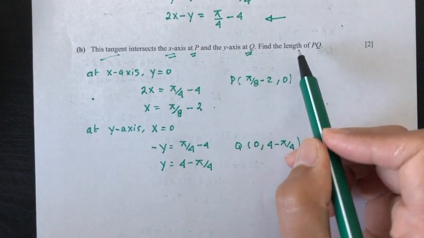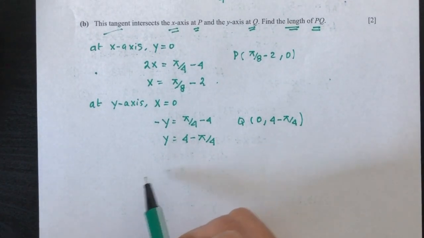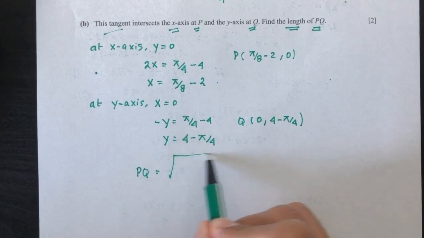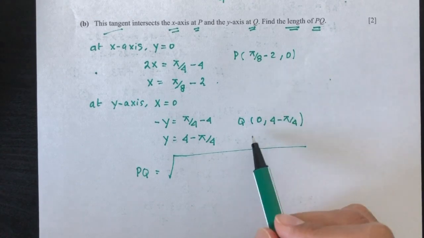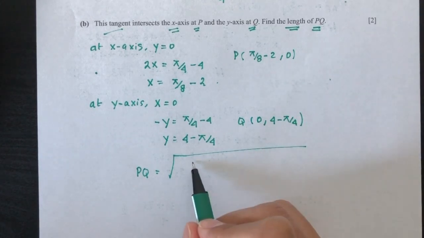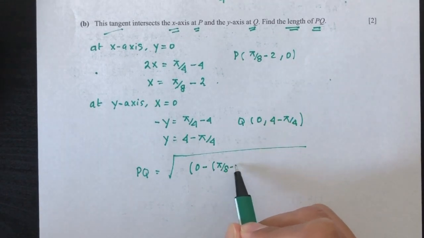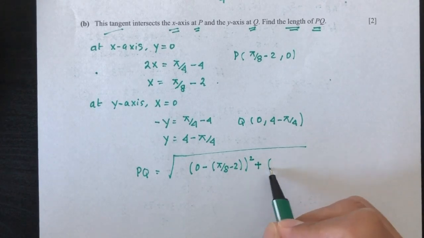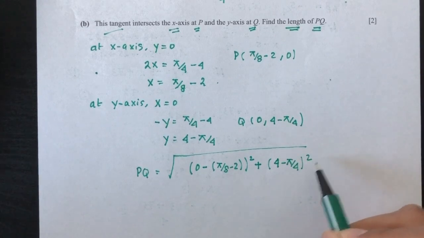So now the question is, we have to find the length of PQ. So we can use the formula. The length of PQ will be the square root of, this is x1 and y1, x2 and y2. So we can just do x2 minus x1, you will have square, and then plus y2 minus y1 square.